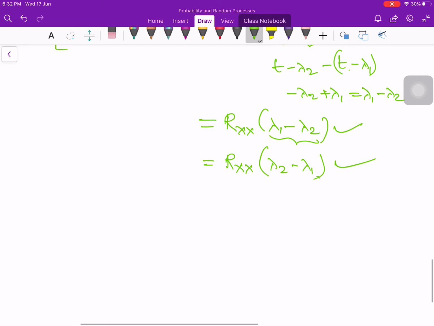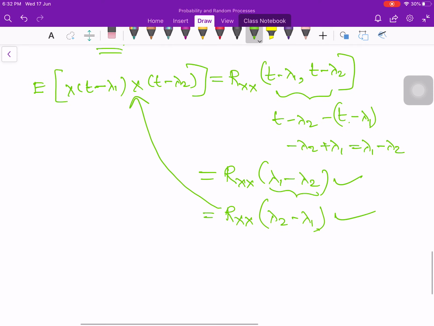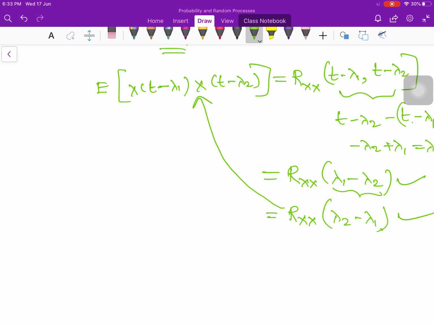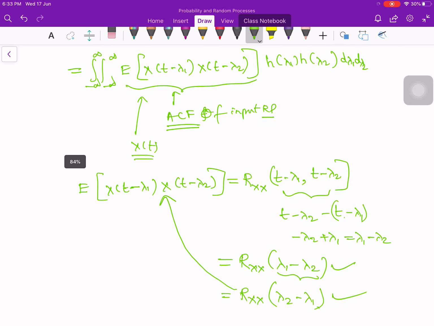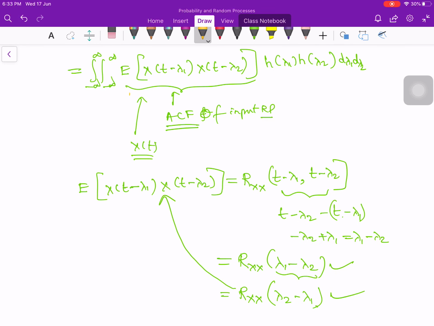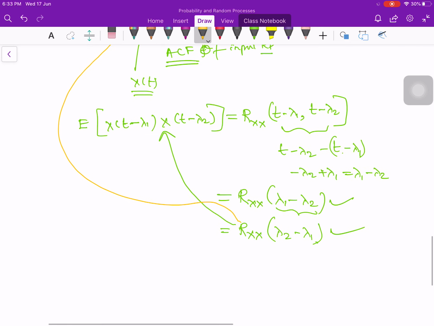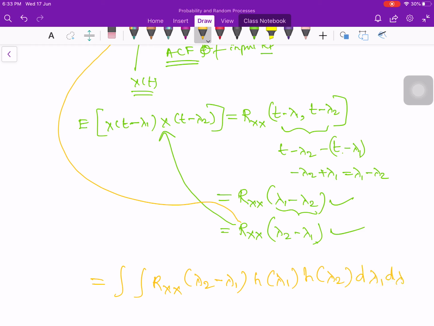Okay, now substitute this here. Not here, wait a minute. Yeah, here. So that is going to be the double integral of Rxx of lambda 2 minus lambda 1 times h of lambda 1, h of lambda 2, d lambda 1, d lambda 2.